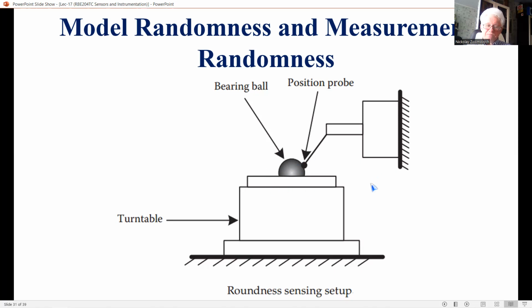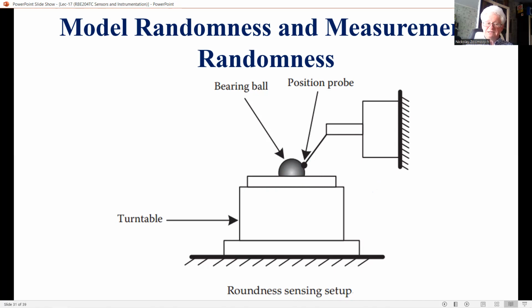In particular, the roughness of the bearing balls is an important parameter of quality control of ball bearings. For this purpose, suppose that a sample of bearing balls of a specific nominal diameter, required size, is randomly chosen from a manufactured batch, and the diameter of each ball is measured using a roundness probe.